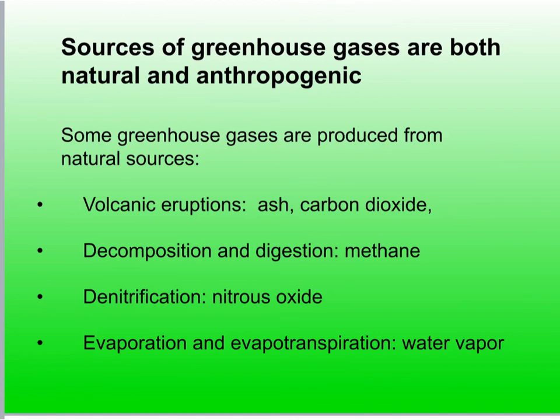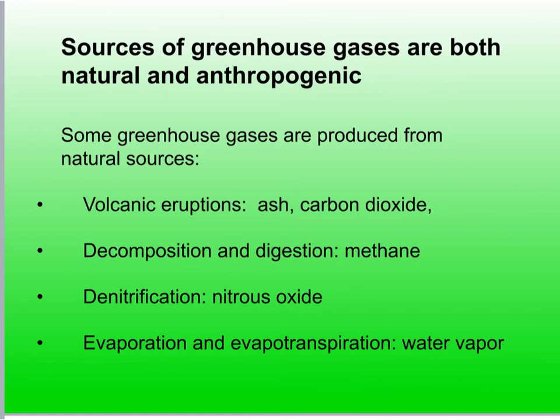Evaporation and evapotranspiration. As we've stated earlier, water vapor is the most abundant greenhouse gas in the atmosphere, and it's the greatest natural contributor to global warming. So we can examine the role of water vapor deeply in our hydrologic cycle, but water vapor is produced when liquid water from land or any other water body evaporates by the evapotranspiration process, and even from the transpiration process inside of plants.